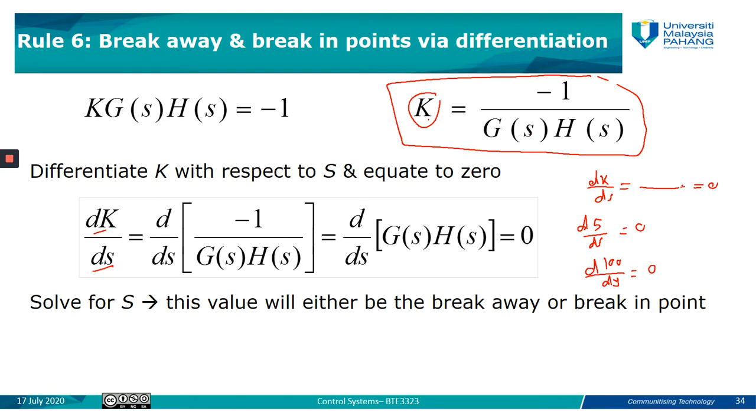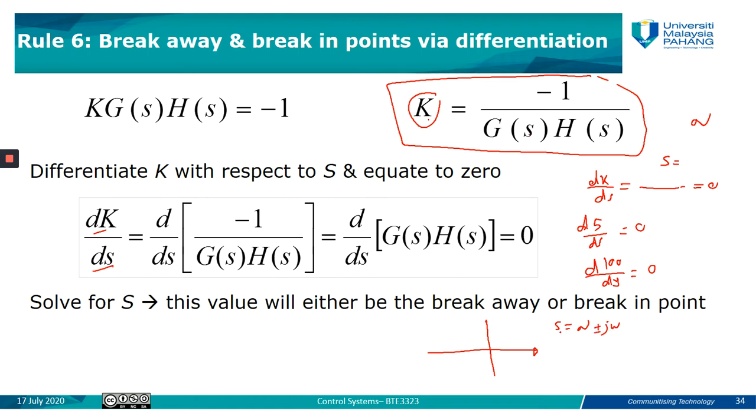Then we are going to solve this equation in order to find the value of s, and the value of s here represents the value of sigma. Why is s equal to sigma? Because usually s is represented by a complex number. When we talked in the beginning of this chapter, we said s equals sigma plus or minus j omega.